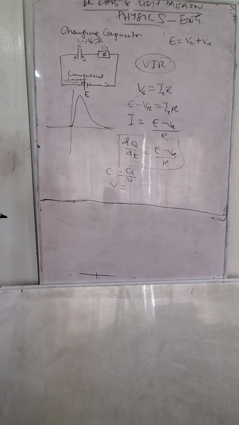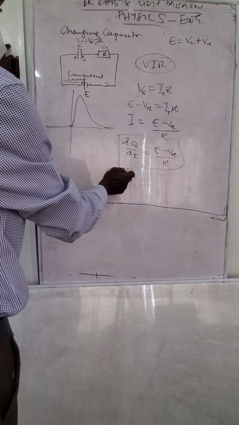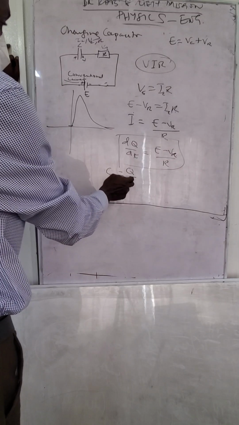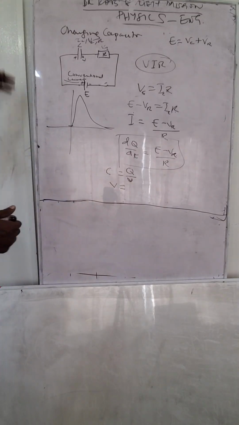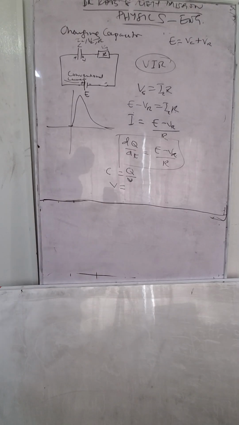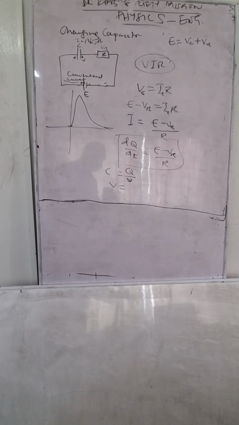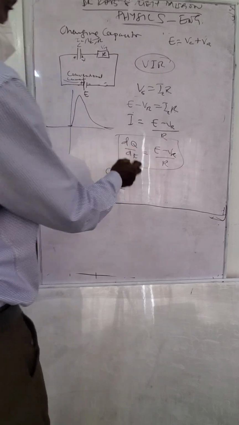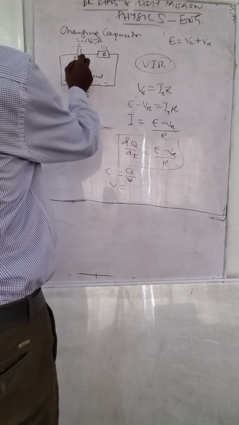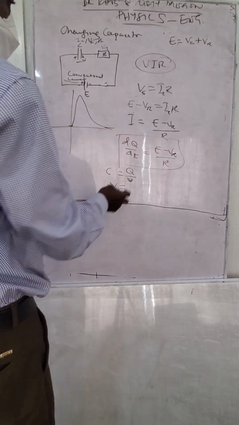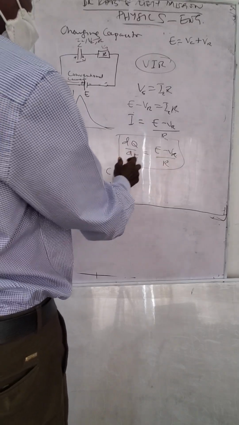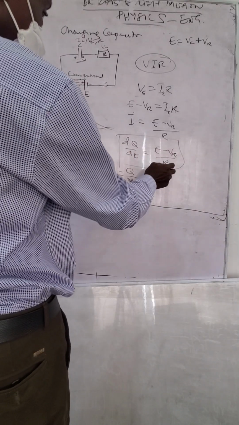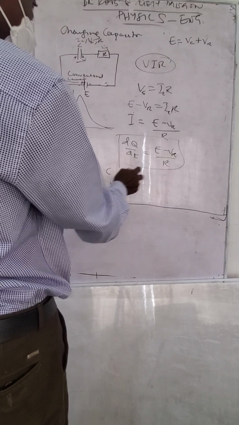So we can then substitute this charge over voltage into the equation to get the expression for the other one. So this will be an expression with respect to capacitance. You can do the substitution, you still come back to it. But at least we have the idea of how this goes.